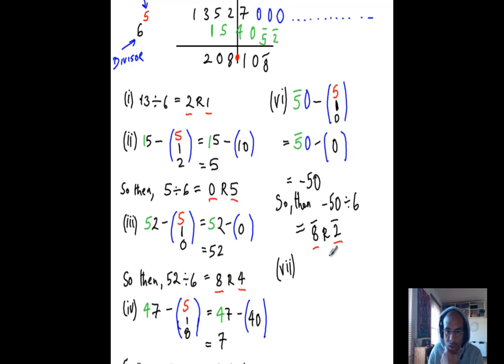So let's take the gross dividend, which is minus 20, minus 2, 0, take away, in parentheses, the 5 which is on the flag, multiplied by the minus 8. Okay, what does that look like?